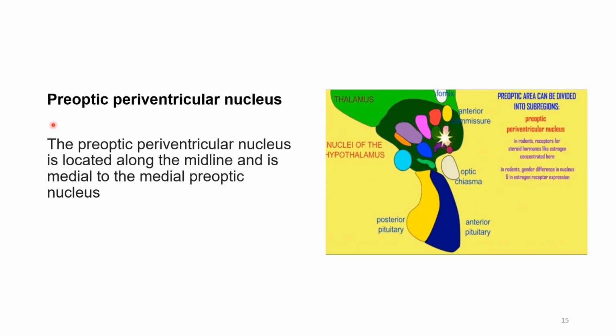So you can see the preoptic periventricular nucleus. You have three subregions in the preoptic area: preoptic periventricular nucleus, VLPO or ventrolateral preoptic nucleus, and medial preoptic nucleus.